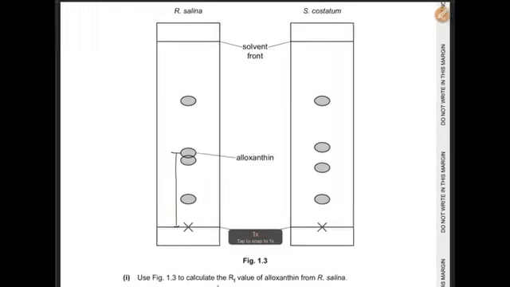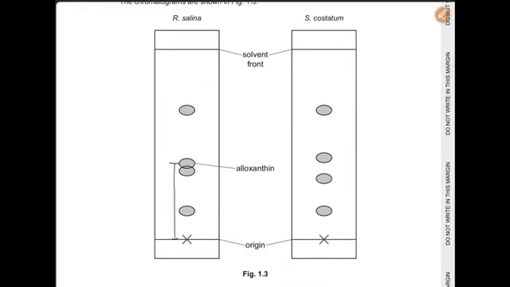So we have to find out which of these pigments are present in the second one but not in the first one. So you have to compare the distance traveled by all the solutes. If you see this one and this one, they are the exact same height, so they're both the same. The last one has also traveled equal distance from the origin, both of them, so these are also identical.